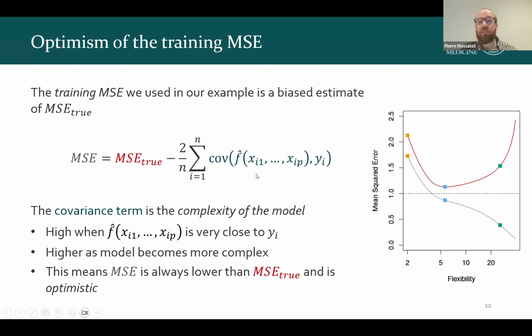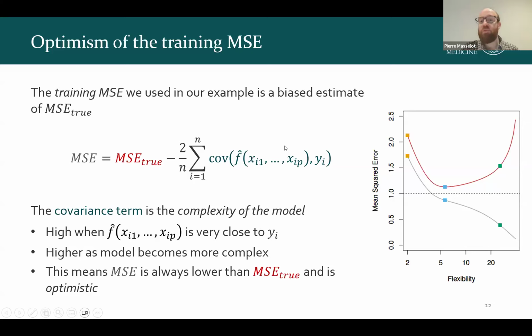This term is the covariance between the prediction that we make from our model and our target. This term can actually be seen as the complexity of the model, since it's the covariance between our prediction and the true target: basically, the more complex our model, the closer our predictions will be to the training target, and so this term will be very high.